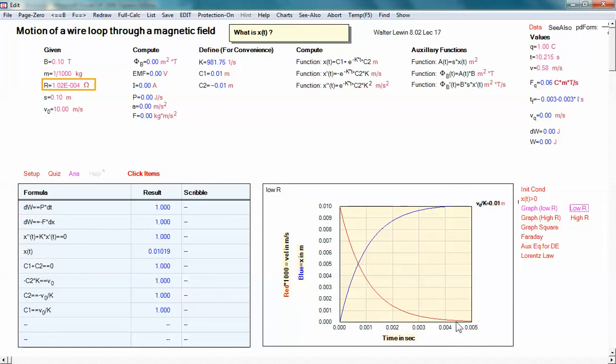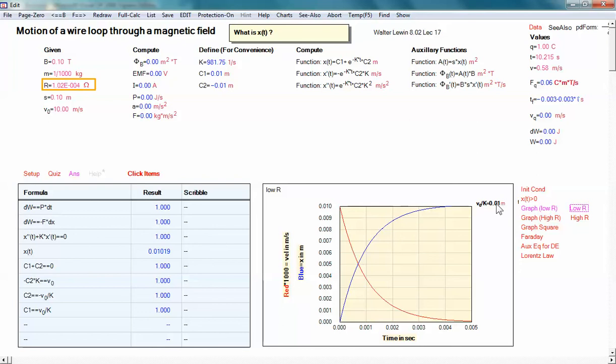Here, the velocity approaches zero in about, roughly, what is that? That's 5 milliseconds. And it reaches its stopping point in about 1 centimeter. Yeah, the asymptote that it's approaching is 1 centimeter.